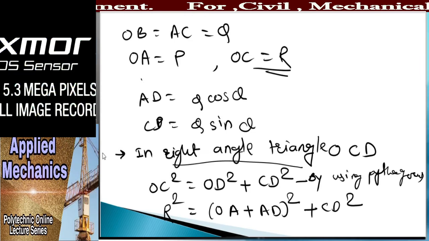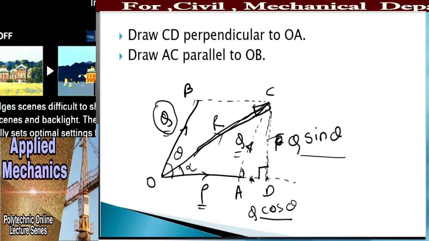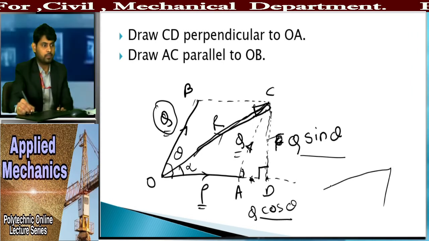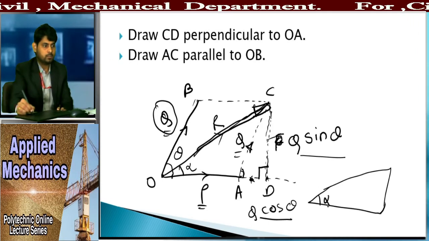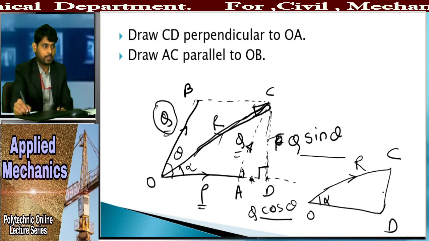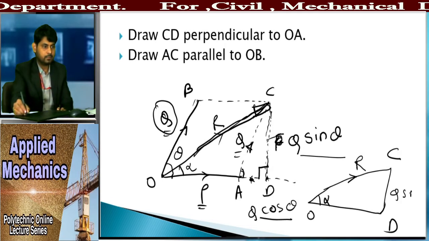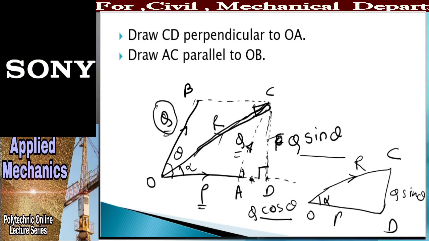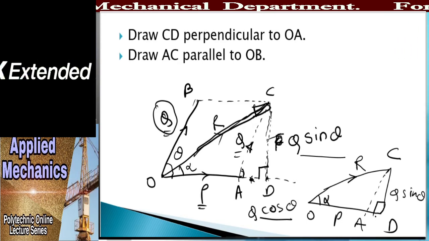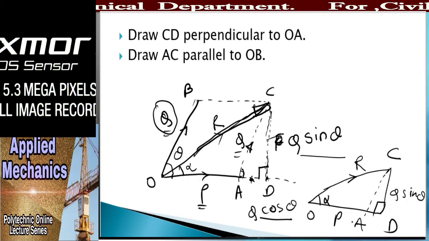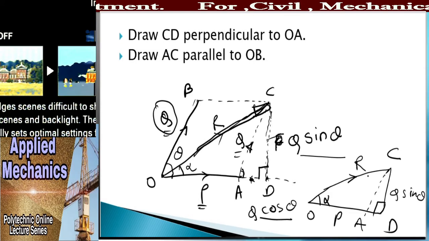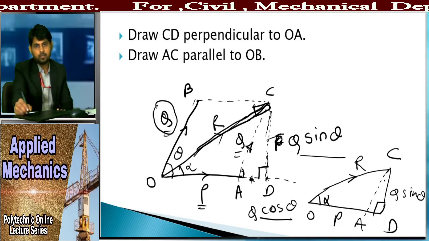Now we consider a right angle triangle OCD, with angle alpha at O, and D and C as the other vertices, with a 90-degree angle at D. Here the force is R. Now by using the Pythagoras theorem, the hypotenuse square is equal to the adjacent side square plus the opposite side square.